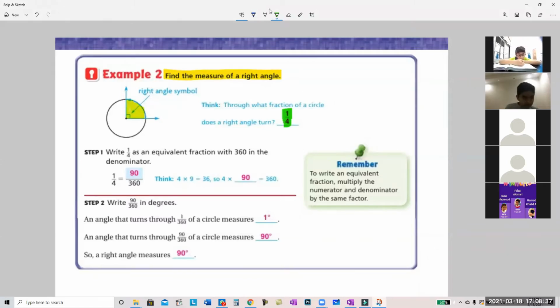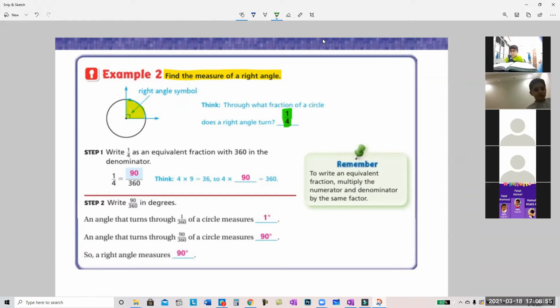So now, if we want to write this as degrees, you have to get the denominator. Teacher, it's lagging. Yeah, can you hear me now? Yes.